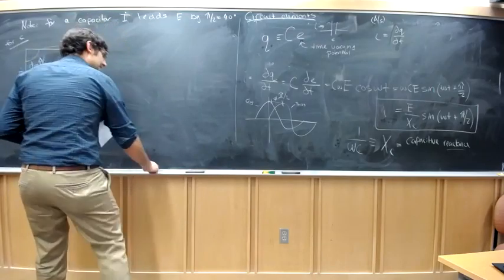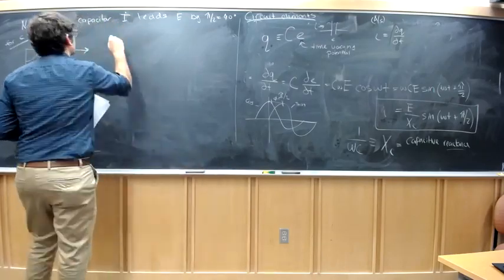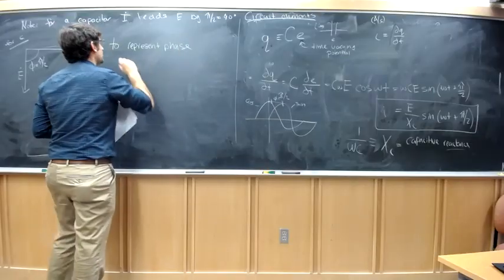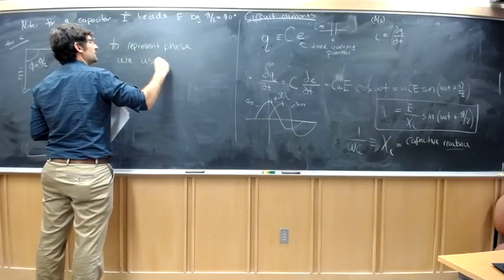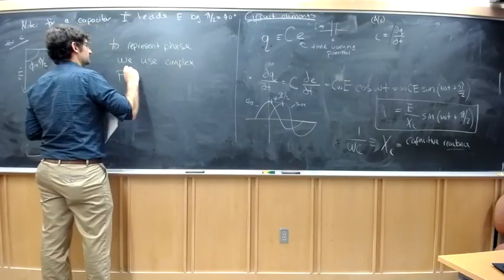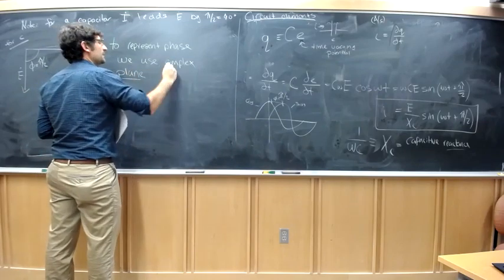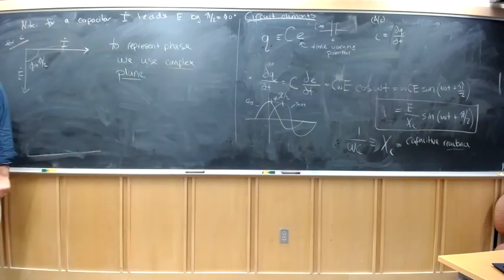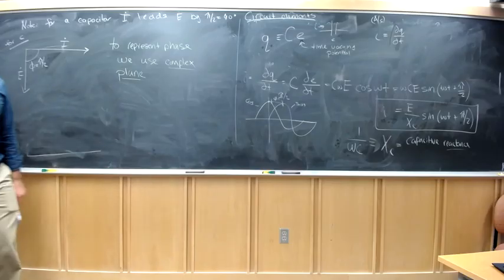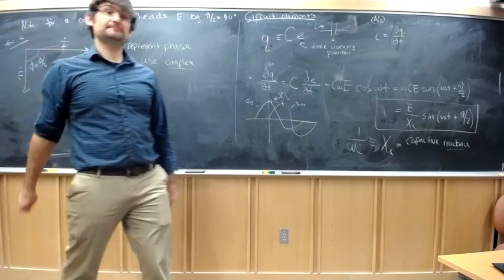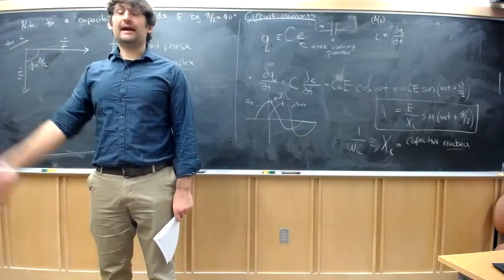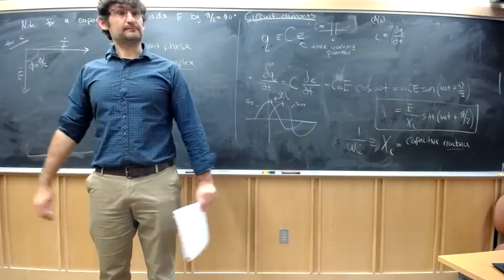And to represent this phase, we use the complex plane. So what is the complex plane? Do you guys remember? Okay, so we're going to make a plane, and we're going to have the y-axis be imaginary and the x-axis be real.